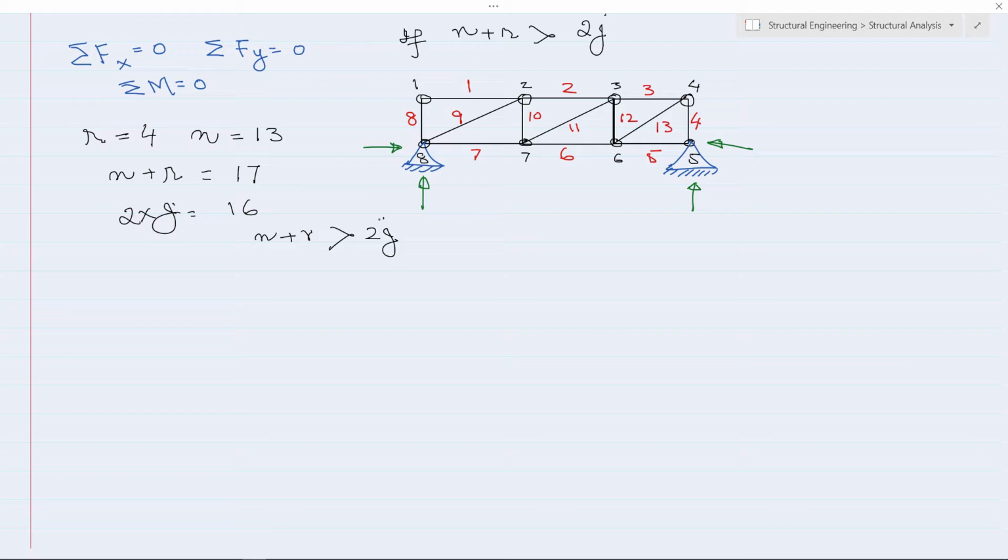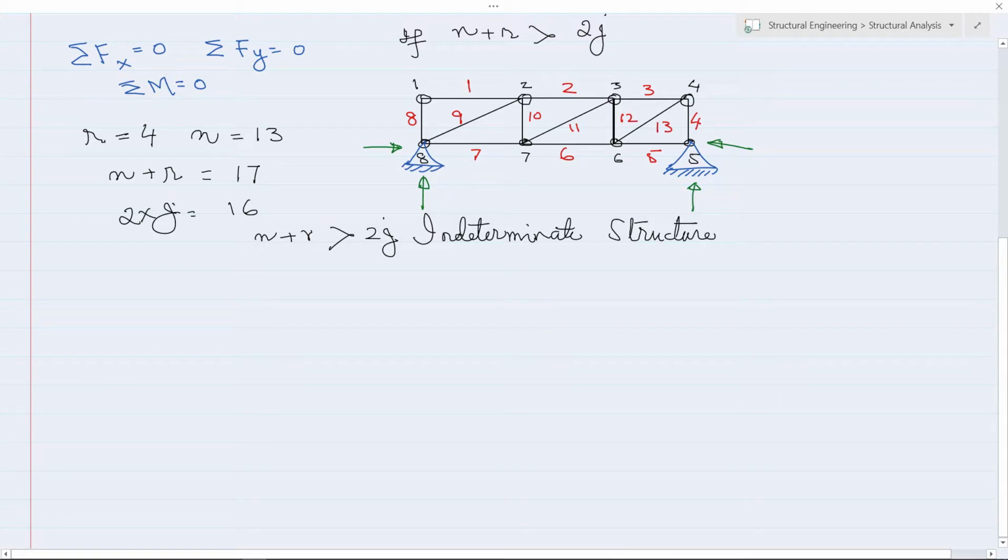So in this condition, we cannot solve this problem easily. We have to use some different techniques. So what we say is that this is called an indeterminate structure. We have different techniques to solve indeterminate structures, which I am not going to discuss now.